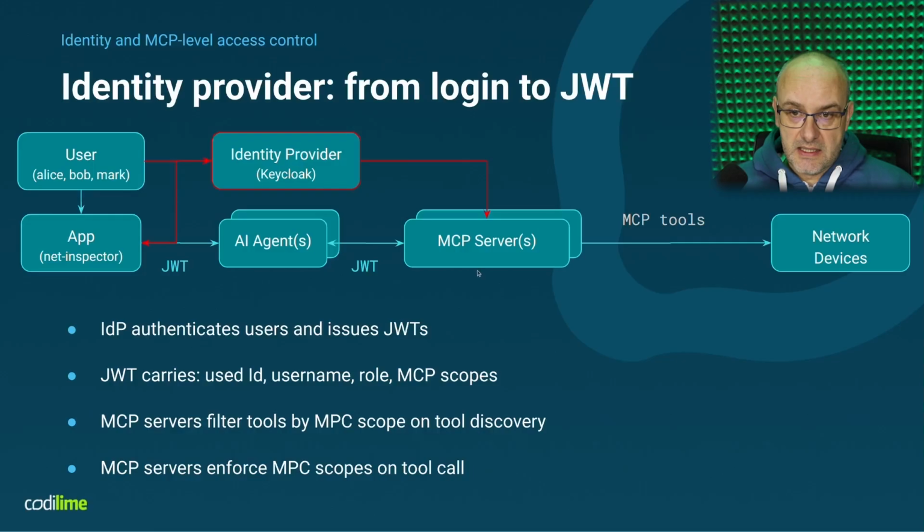The MCP server can do it at two moments: when the tool is intended to be executed, and first, when we initialize the agent and register tools for the agent, the MCP server should list only the tools available or authorized for a particular user's role.